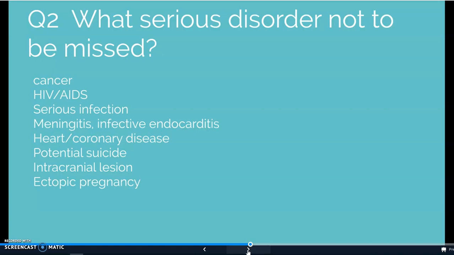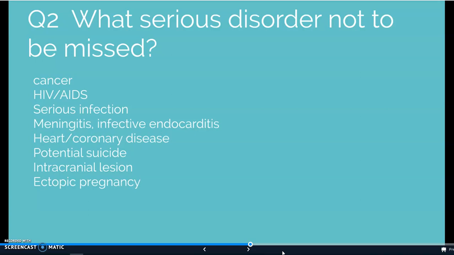Okay, question 2. What serious disorder not to be missed? These usually are diseases related to, for example, cancer, HIV/AIDS, serious infection, such as meningitis, infective endocarditis, any potential suicide, any intracranial lesion, or any ectopic pregnancy.